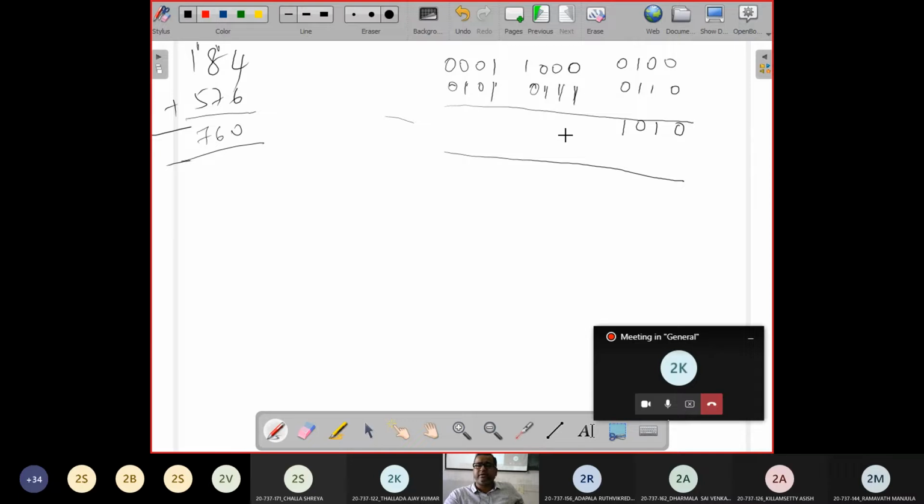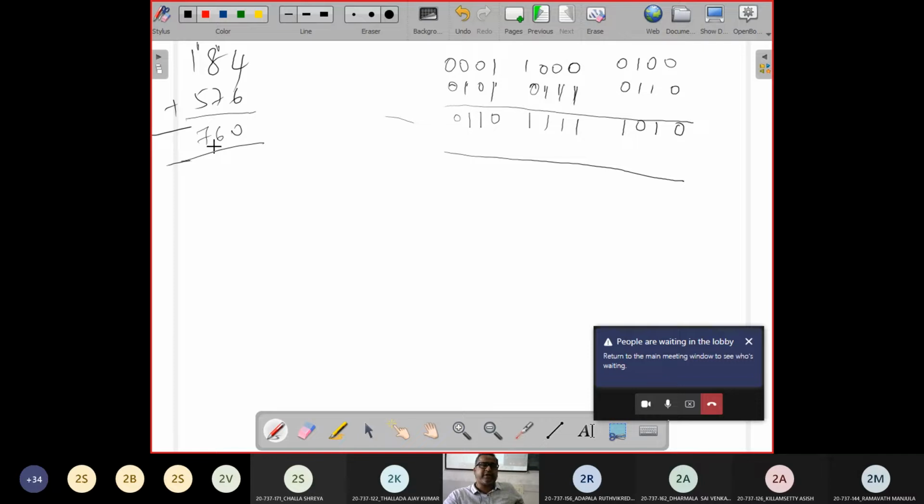This comes here. Any carry from here? No. 1, 1, 1, 1. Any carry from here? No. Here it will be 0, carry 1, 0. So this is fine for me.